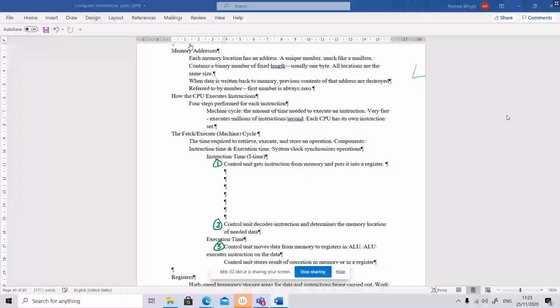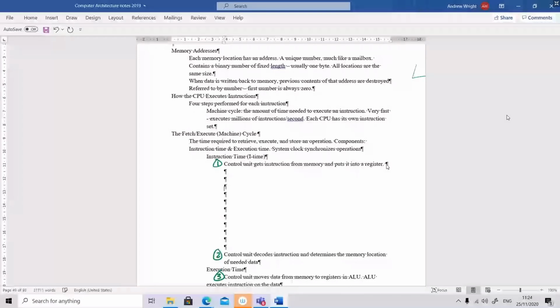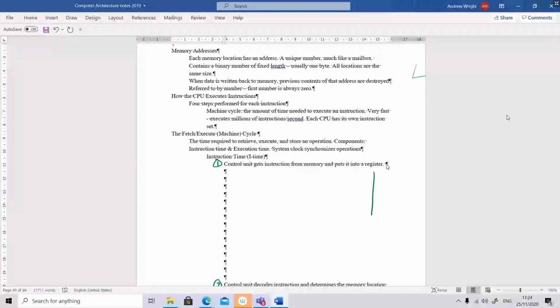Okay. So the first one, the control unit gets an instruction from memory and puts it into a register. So we know about the memory. The memory sits here, if you like, with all the instructions. So we have instruction 1, instruction 2, then addresses 0, 1, 2, 3, 4.